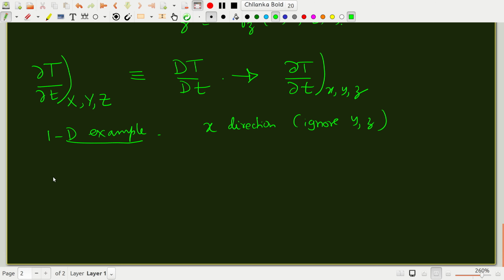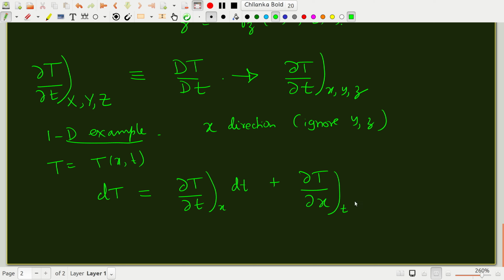Now, if temperature is a function of x and t, then the total differential of temperature is partial temperature by partial time at constant x dt plus partial temperature by partial x at constant time dx. This is something that we just learnt from our previous module on partial differentials.